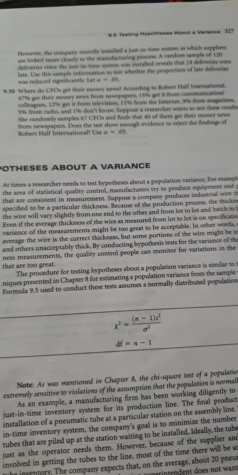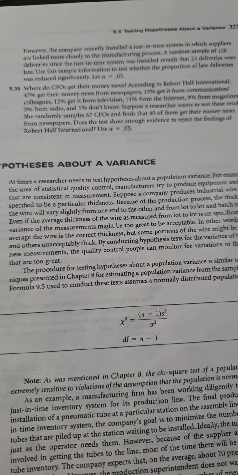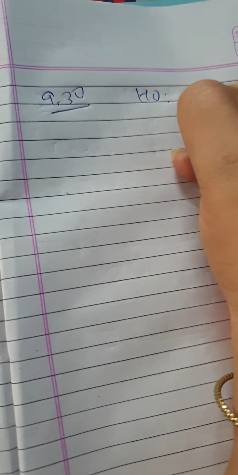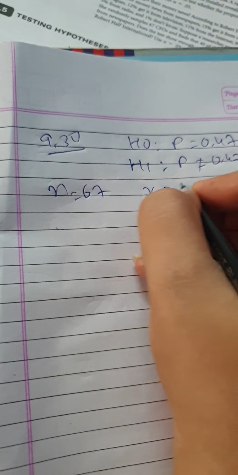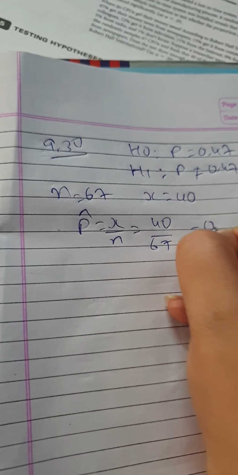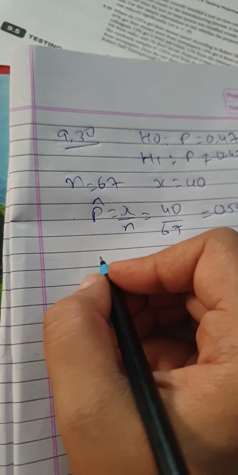It means it is the case of a two tail test, since they have not used greater than or less than words. Alpha equals 0.05. H0 p equals 0.47, H1 p not equal to 0.47, n equals 67, x equals 40, so p cap equals x upon n, 40 divided by 67, so 0.597.